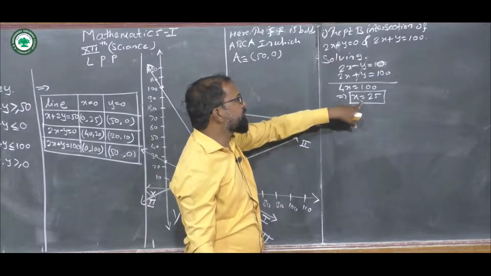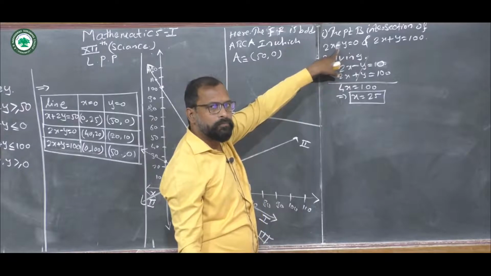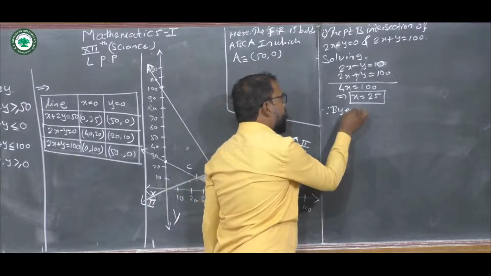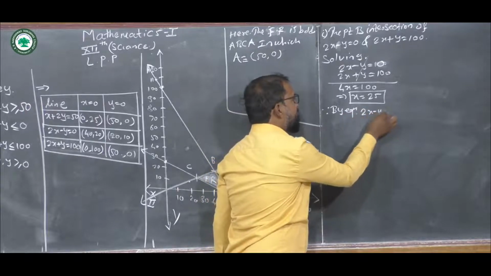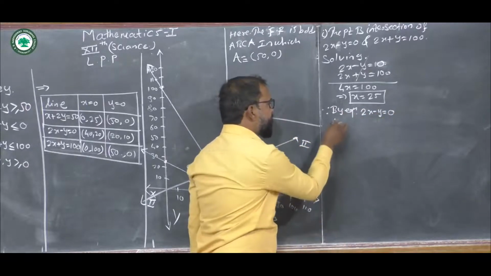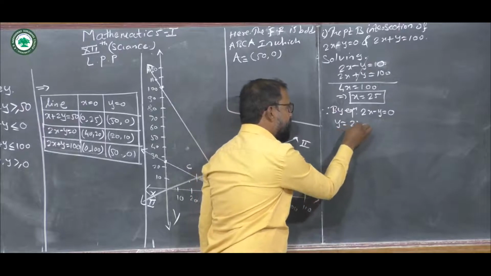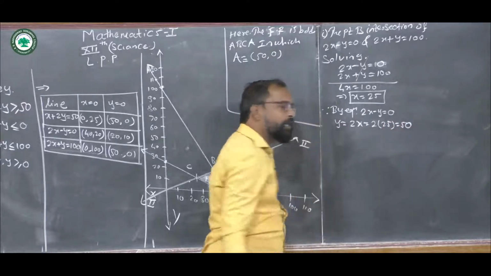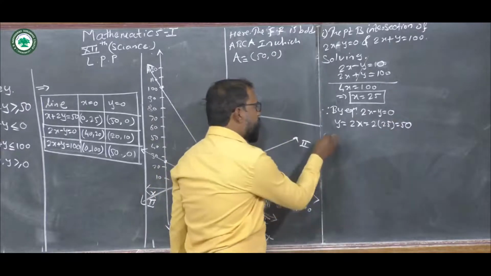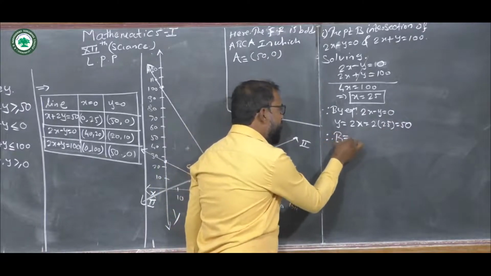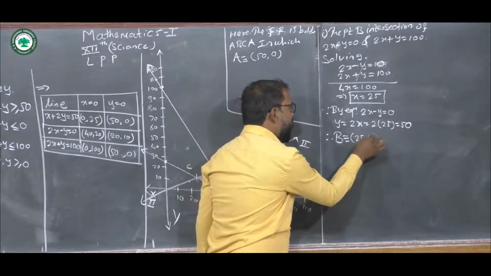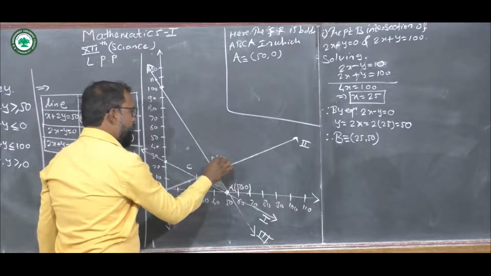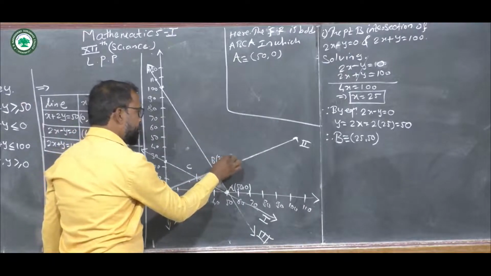Suppose we put x equals to 25 in the first equation, 2x minus y equals to 0, we can say that y equals to 2x, that is y equals to 2 into 25, that is 50. We get y equals to 50, and therefore we get the point B as 25, 50.